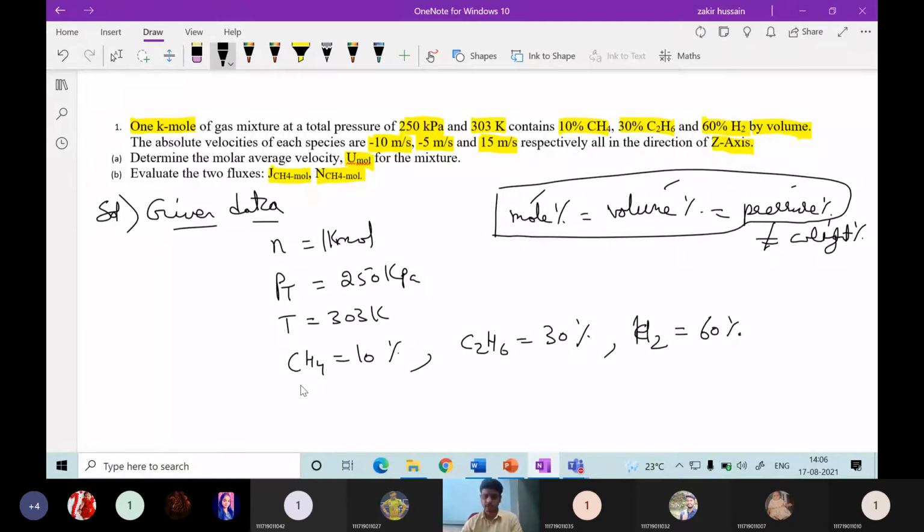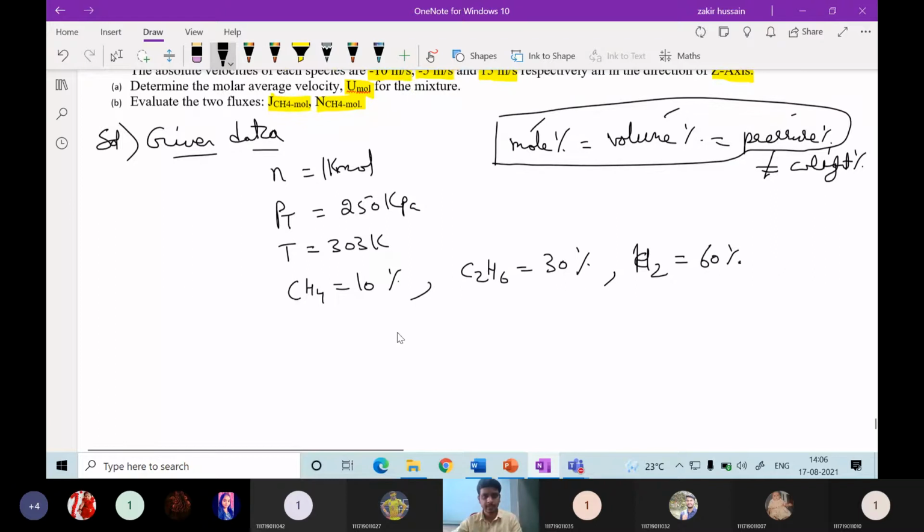And the absolute velocities, what they have given: minus 10 meters per second for CH4, so u_i, in this case, u_CH4 is equal to minus 10 meters per second.